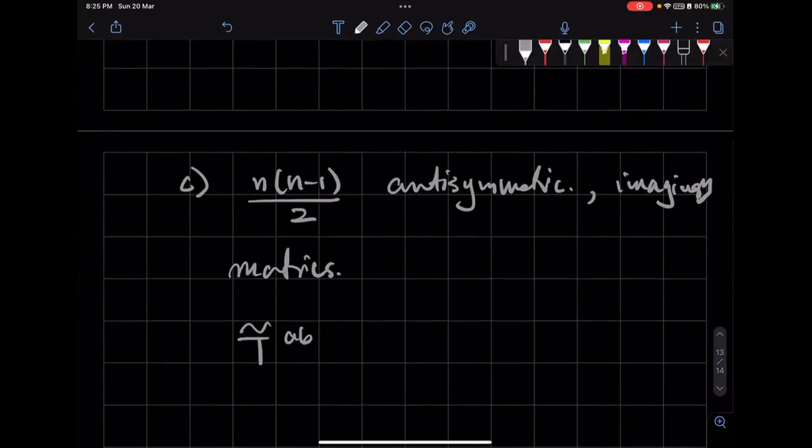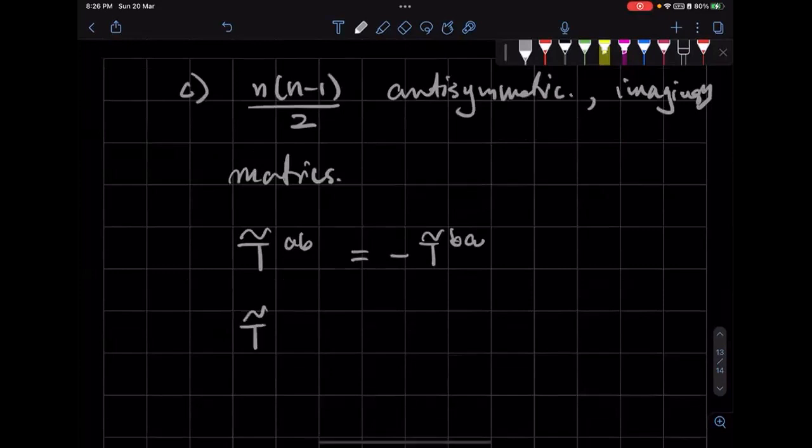Am I putting any condition on the indices? No, I'm not putting any condition on the indices. Yeah, we can impose that as a condition.